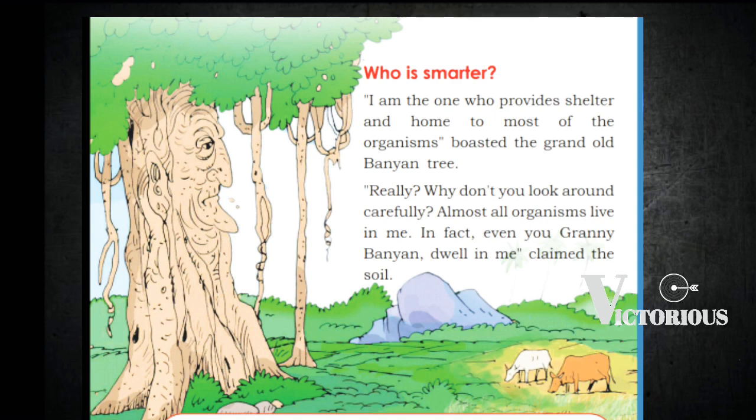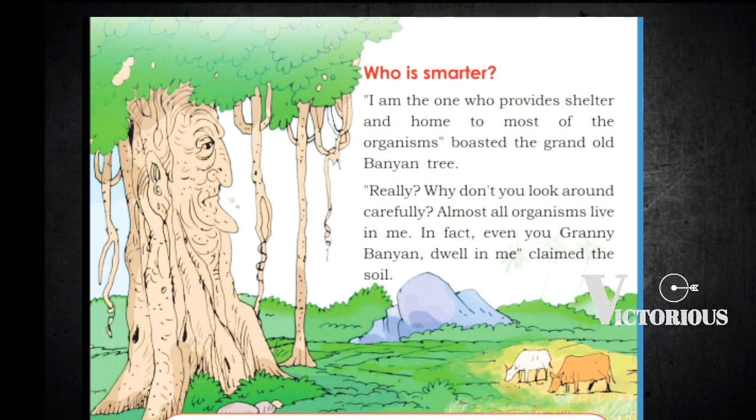You mean under the tree, right? Very good, good observation. Then ants. Very good. So did the banyan tree say lies? Not right. The banyan tree said the correct thing. But who said wrong?